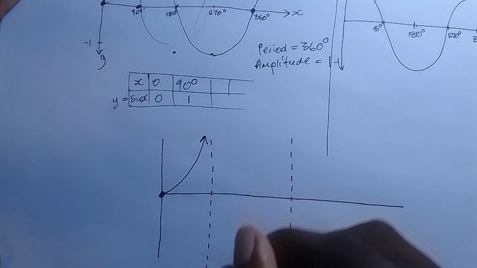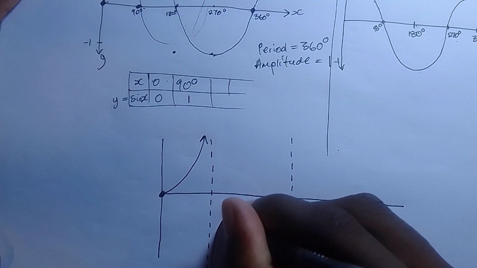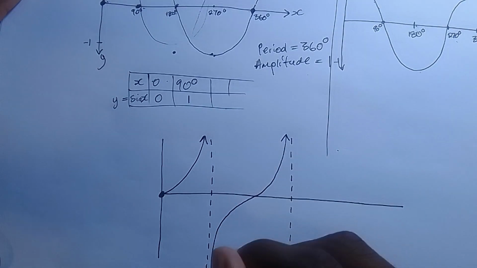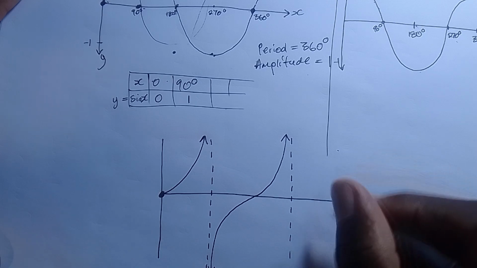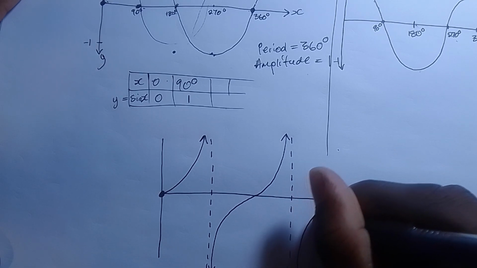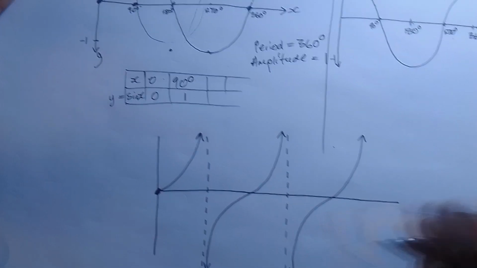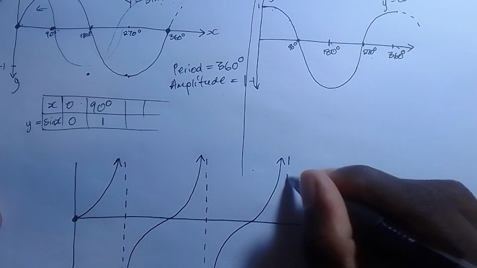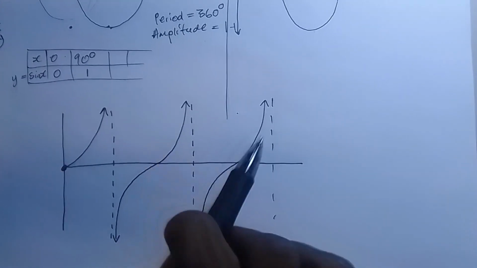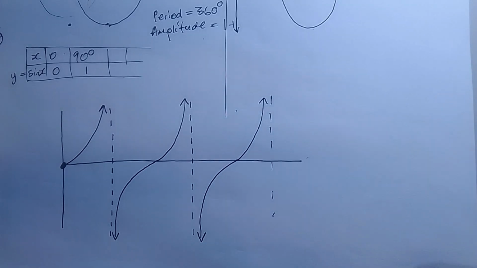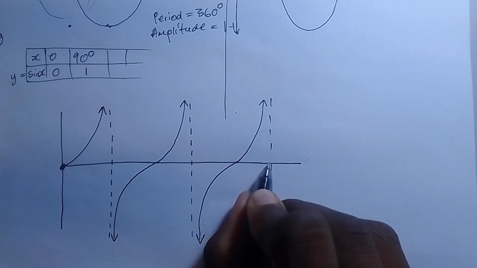The graph goes up like that, and then here it comes from the bottom, goes there, and goes up, and then again it comes from the bottom, goes there, goes up. Like the sine and cosine graph, this continues forever, all the way that way. You keep getting these things, it doesn't end here, it continues.